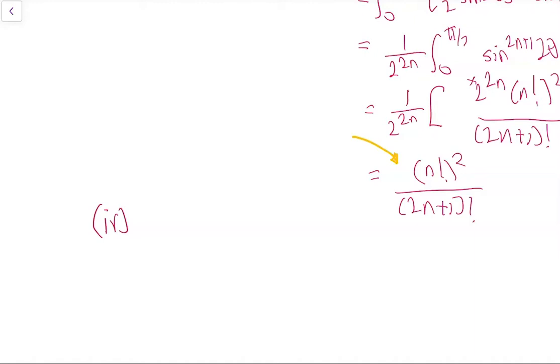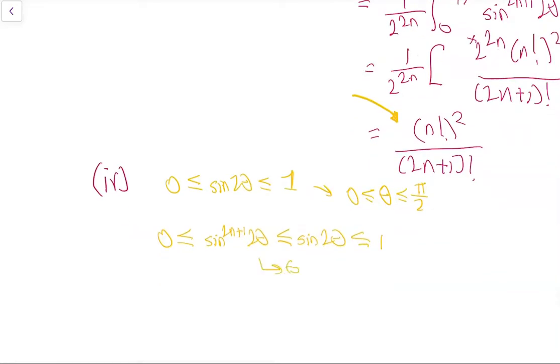Okay, so what I noticed was the following. We can bound sine of 2 theta between 0 and 1 when theta is between 0 and pi over 2, because 2 theta is between 0 and pi, so sine of 2 theta is between 0 and 1. That means when you take sine to the power of 2n plus 1, since it's between 0 and 1, it's going to shrink in size, or if it's equal to 1, it's going to stay the same. So it's going to be squished between 0 and sine to the power of 2n.